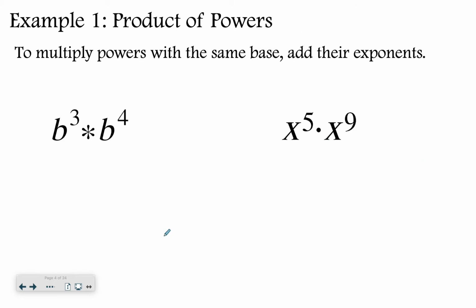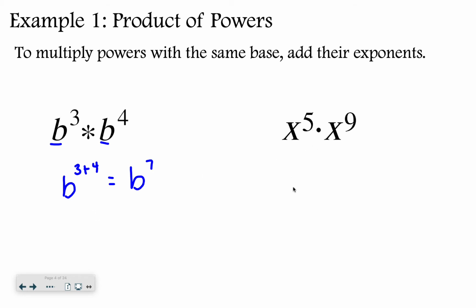Let's first talk about our first rule, which is called product of powers. To multiply powers with the same base, add their exponents. Look, I have the same base in this first problem: a b and a b. That means I can keep that b and add my exponents together, so this becomes b to the 7th, because I say 3 plus 4.